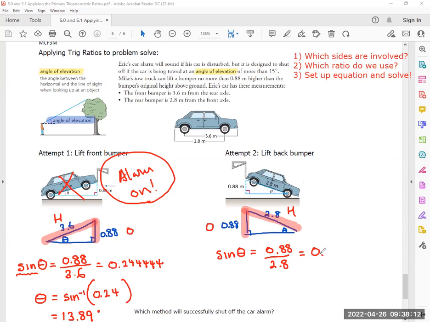Let's make like Cameron and have one more decimal place, 0.314. So if sine theta is equal to 0.314, then the angle will equal the inverse sine of 0.314, which is 18.30 degrees.